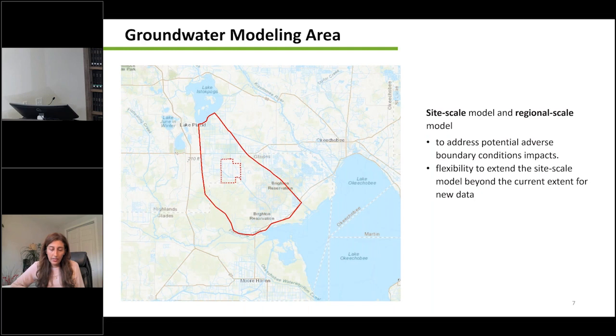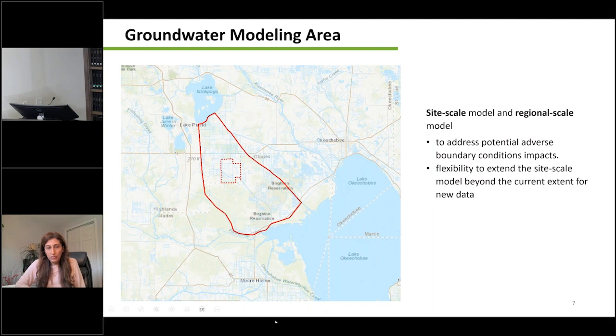And also, it's easier in future to extend the site scale model or the regional scale model to consider other areas after we get the data. And we are going to have eventually a larger area of the aquifer of Florida covered with the model.